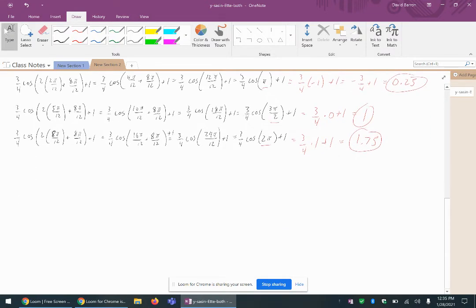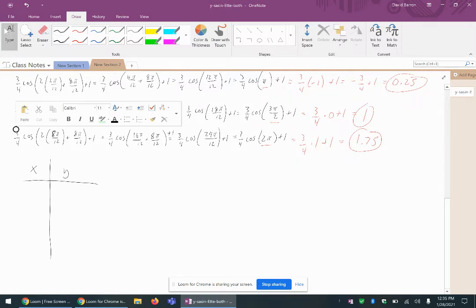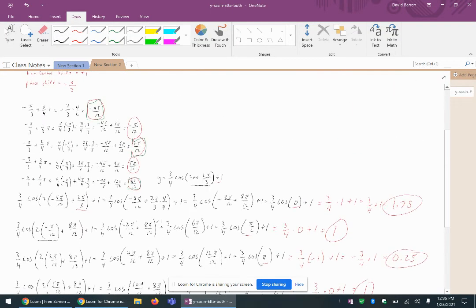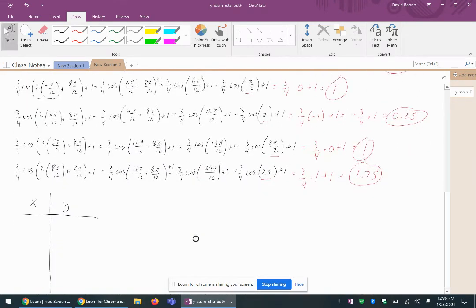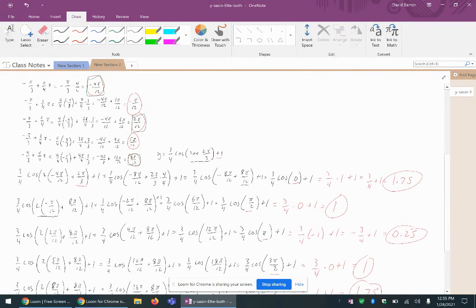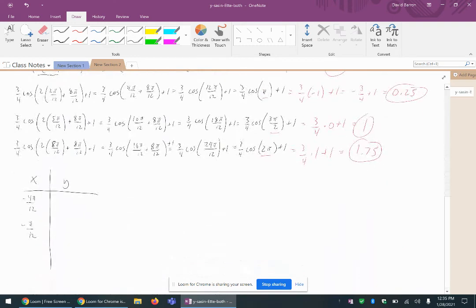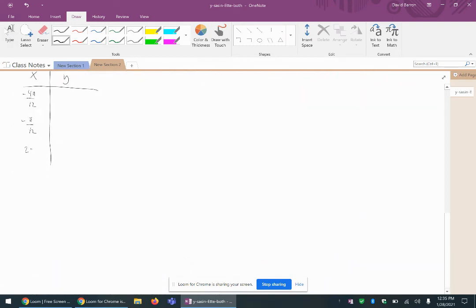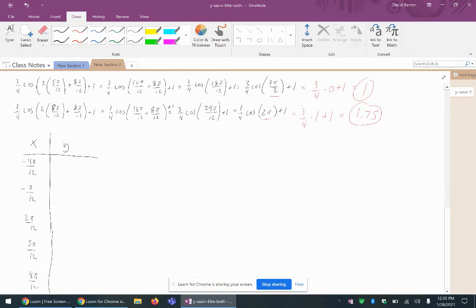Okay, so now what I want to do is collect all this information. These guys that I circled in red over here are the output or y values. And then we're going to plop these on a graph. Negative 4 pi over 12, negative pi over 12, 2 pi over 12, 5 pi over 12, 8 pi over 12.